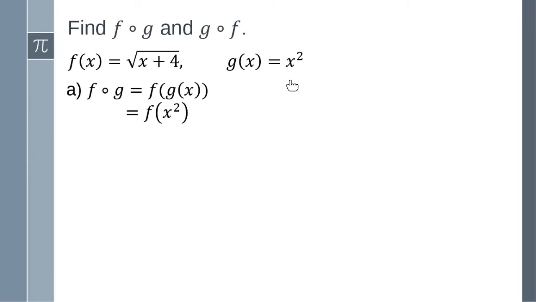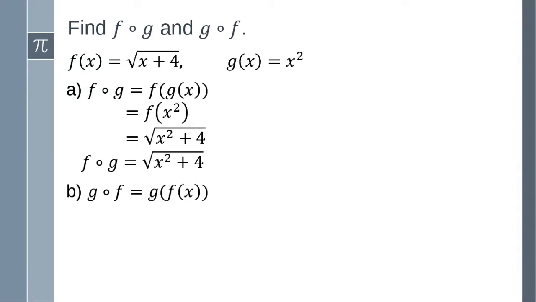And now we're going to take whatever we have in the parentheses and substitute it in for the x in the function f. So if I plug x squared into the x, then I'm left with square root of x squared plus 4. And so that's going to be my composition.